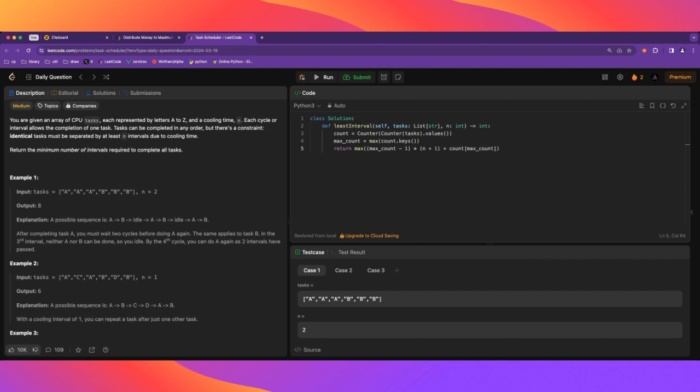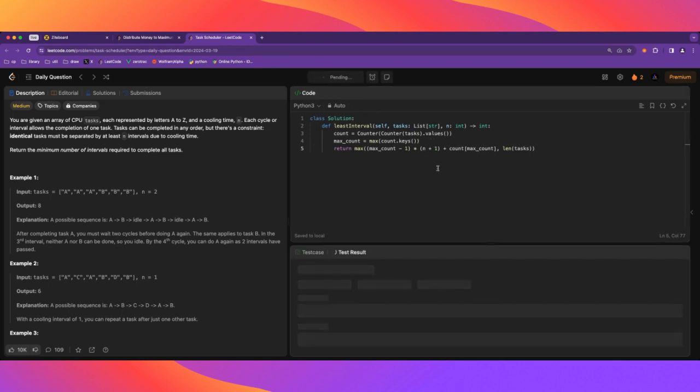Yeah, that's correct. And then the other lower bound was the number of tasks. So I think this is correct. It turns out that we can always achieve this lower bound. So that is why this should work.